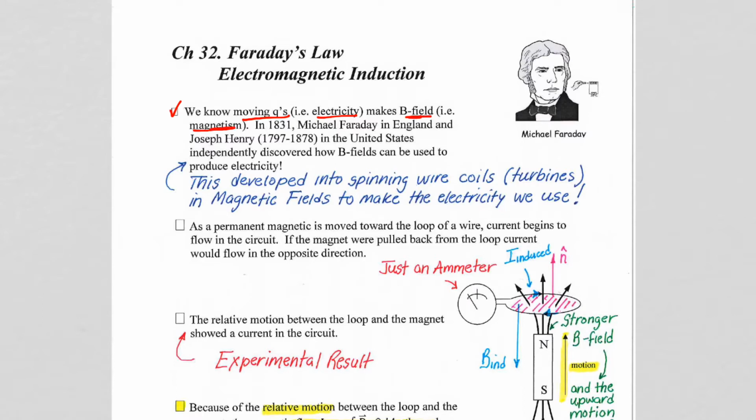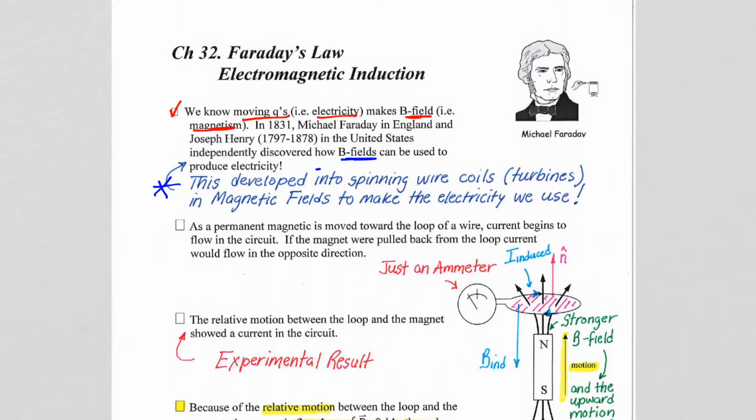So electricity makes magnetism. As we already know to some extent, nature loves symmetry, and in 1831, Michael Faraday in England and concurrently in the United States, Joseph Henry discovered how to use magnetic fields to produce electricity. Please get this into your notes because this is a historical moment in time, because it ushered in the age of modern-day electricity.